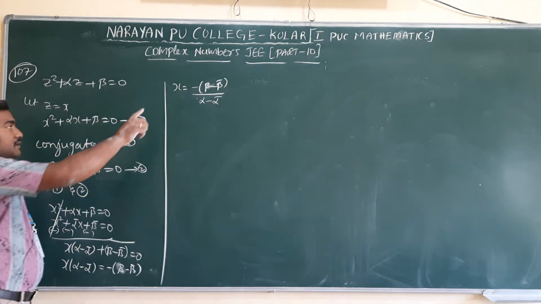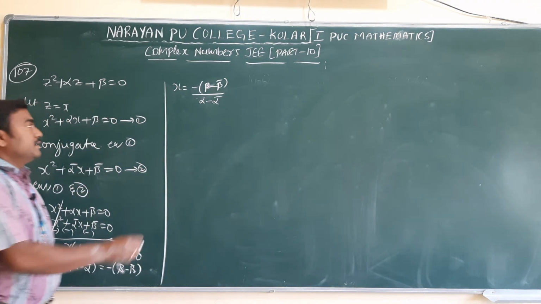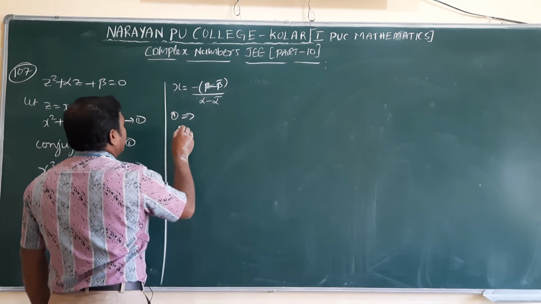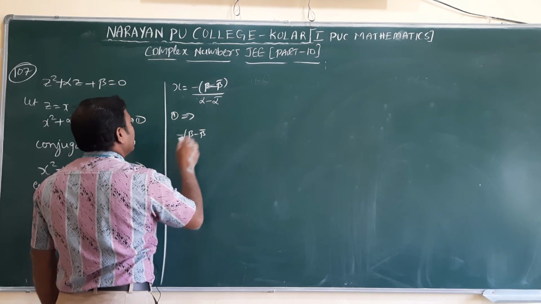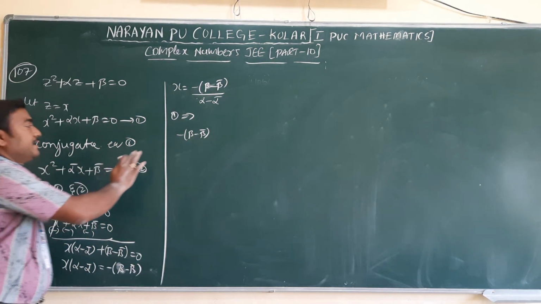Now substitute the value of x in equation number 1. What do we get here? Minus of beta minus beta bar, directly applying the square, we get plus.